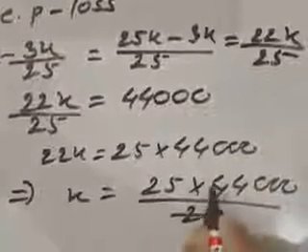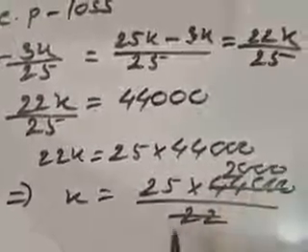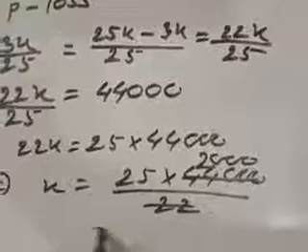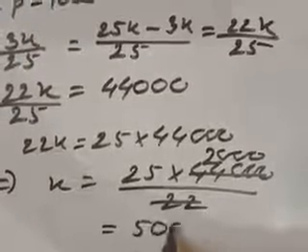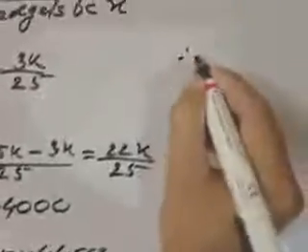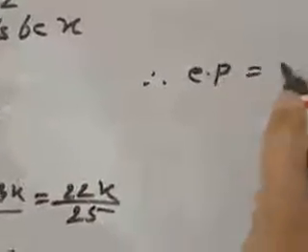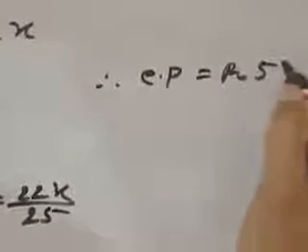Cancel: 22 ones are 22, 2000. Now 25 into 2000 is equal to 50,000. Therefore CP is equal to rupees 50,000.